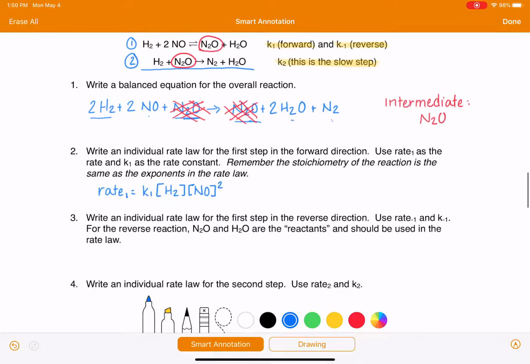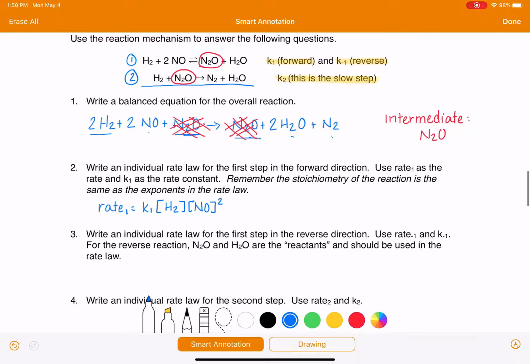Now we're going to do the same thing for the reverse reaction of elementary step number 1. So for the reaction that goes from right to left, we're going to call that rate -1 because it's the reverse reaction. Its constant is going to be K-1.